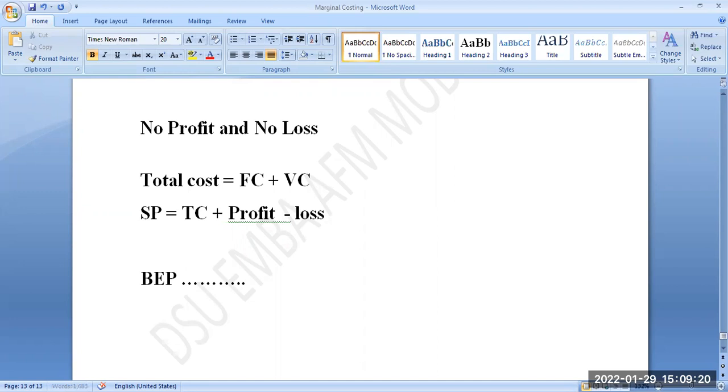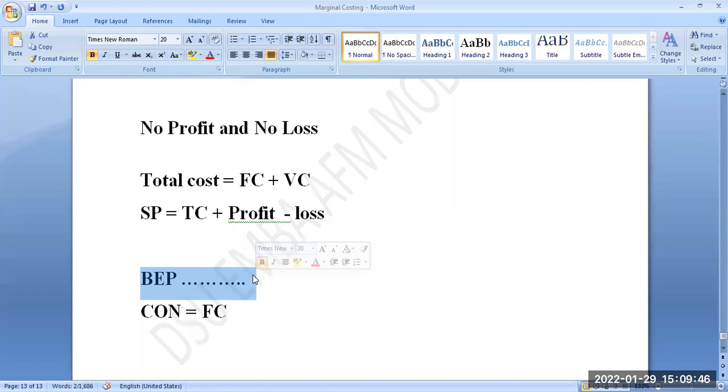So when contribution is exactly equal to fixed cost, that position, that condition, that situation is called break-even point. So break-even point is a point at which the contribution of a company is exactly equal to the total fixed cost.